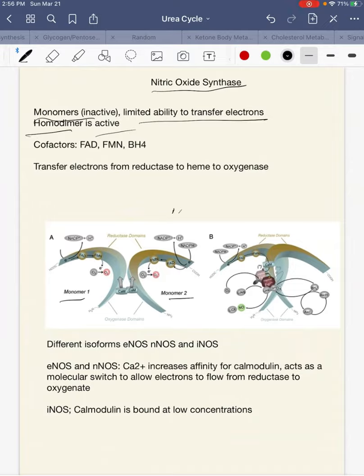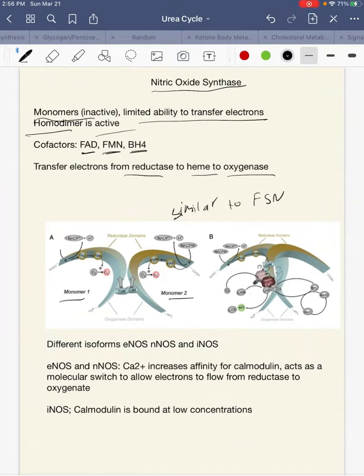Remember we talked about fatty acid synthase; this is similar to fatty acid synthase. It uses cofactors FAD, FMN, and BH4, and the mechanism is that we transfer electrons from a reductase to heme to oxygenase. So it has different isoforms.